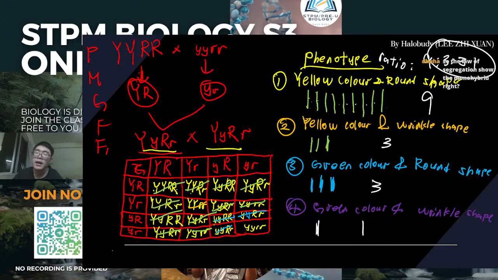So now we get the 9, 3, 3, 1 ratio. So hopefully all of you understand how to use the Punnett square and how to calculate the ratio 9331. I hope that all of you understand.